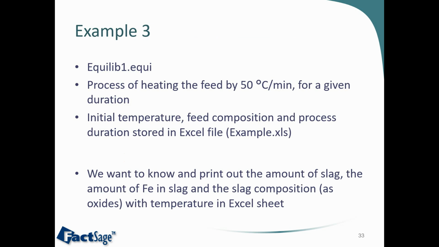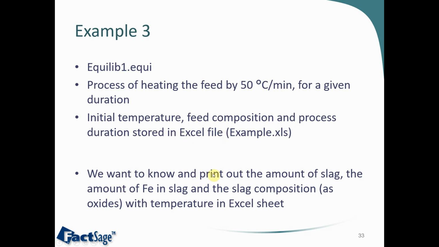So let's look at a simple example to illustrate the concepts of what we learned. So we will use the equilibrium from the two previous examples, so equilibrium1.equi. We imagine that the material defined as a reactant is being heated at a rate of 50 degrees Celsius for a given duration. So we want to have the initial temperature, the feed composition, and the process duration stored in an Excel file.